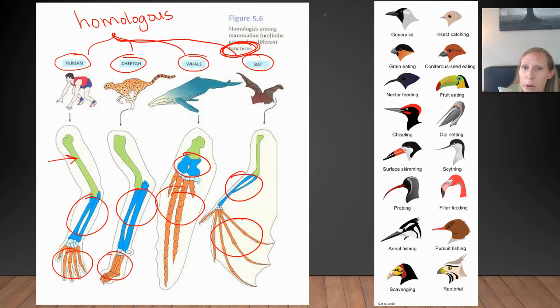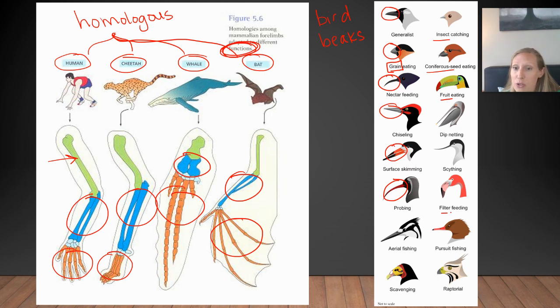But look at the beaks of birds. Bird beaks are very identifiable as a similar structure, right? They all have this beak, but they all use them for a different function. What they are eating is usually going to be the evidence that we need to see what kind of a beak they're going to have. Do they eat fruit?